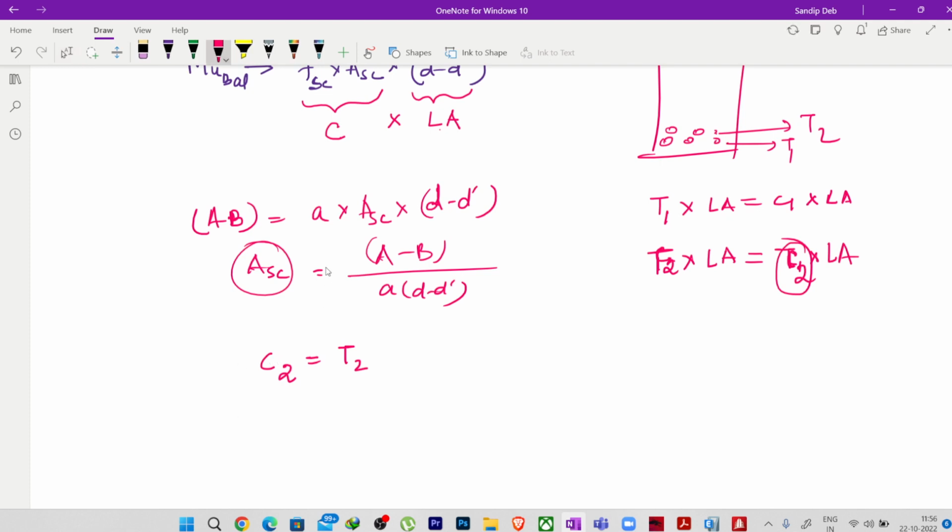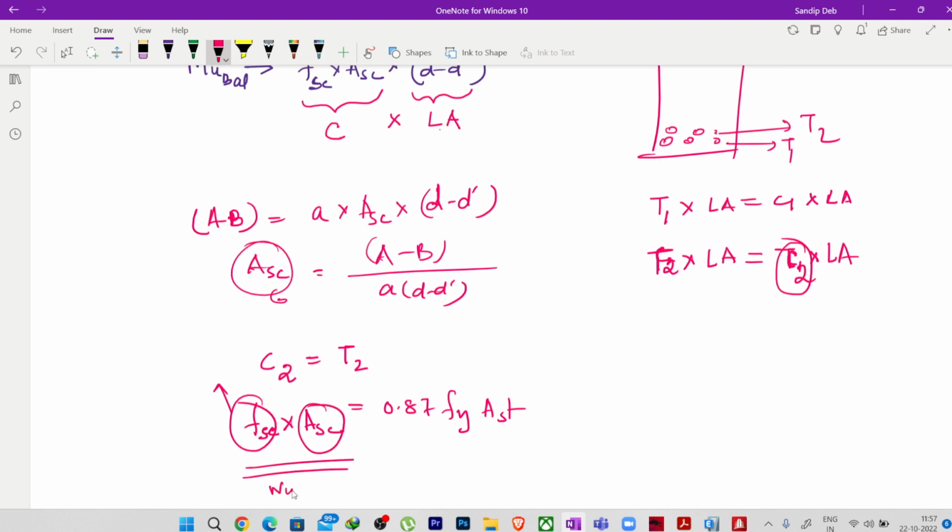Now what is this C2? We know that C2 is FSC multiplied by ASC, and what is T2? So 0.87 Fy into AST. FSC we have calculated previously, ASC we have found out here, so you can put these values and you get some numerical value here. 0.87 Fy, where Fy is the grade of steel for you, suppose 500 Newton per millimeter square, and you have to find out the AST.